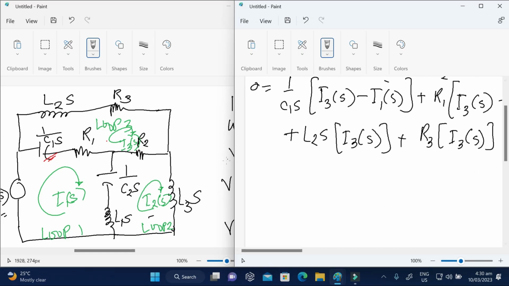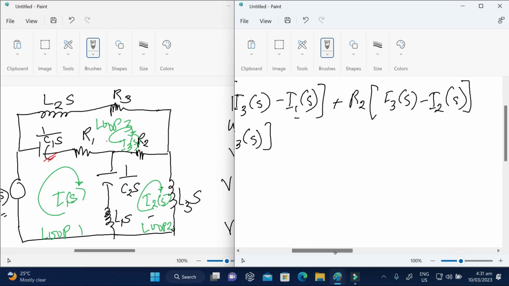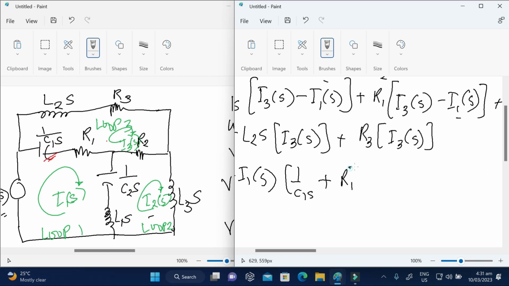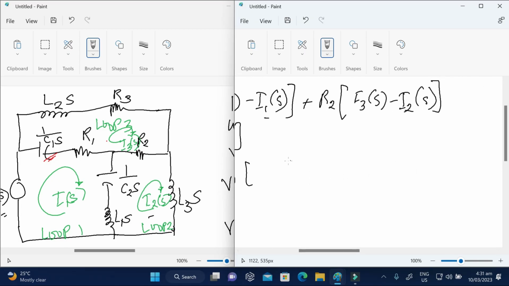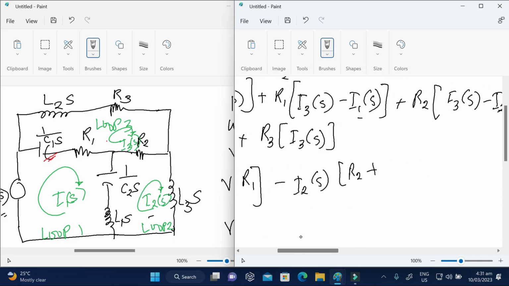Ayan, no? So, this will now be equal to 0 is equal to, lahat ng I1, I1S, no? Meron kang 1 over C1S plus ito, R1. Meron pa ba tayong I1? Wala na. So, minus din si I2S multiplied by, meron kang R2, okay, wala na. Okay.